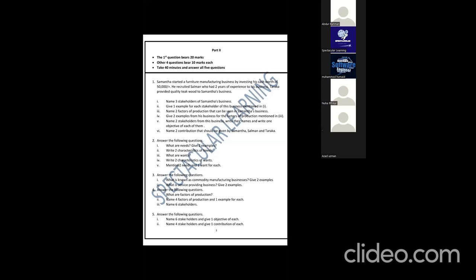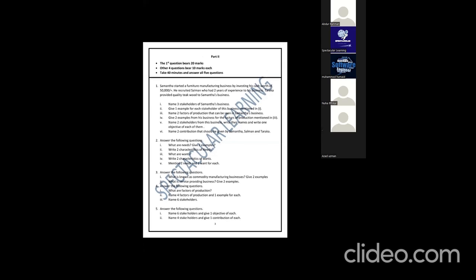The factors which are used are known as factors that are needed for a business to be conducted. Okay. Then can someone tell me 4 factors of production? Land, labor, capital, entrepreneurship.